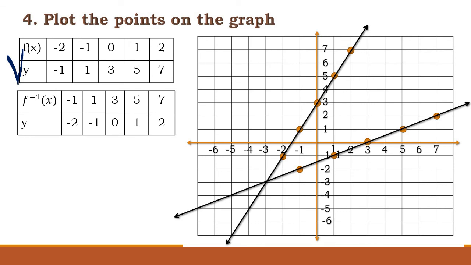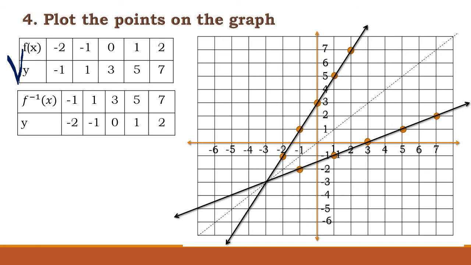As you can see, it seems like the graph of the inverse function is the reflection of the original function. Let us draw the dotted line to see the reflection. The graph of the inverse is the reflection of the original, so the graph is symmetric about the line y is equal to x.